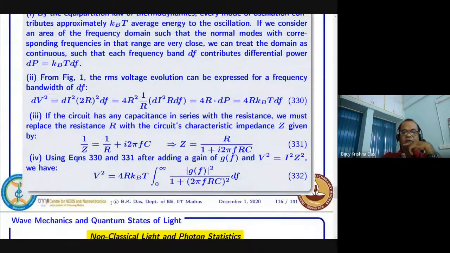If you ignore the frequency related things, most of the time you can consider this constant, but it depends on temperature and resistance, of course, whatever resistance you are using for measurement.